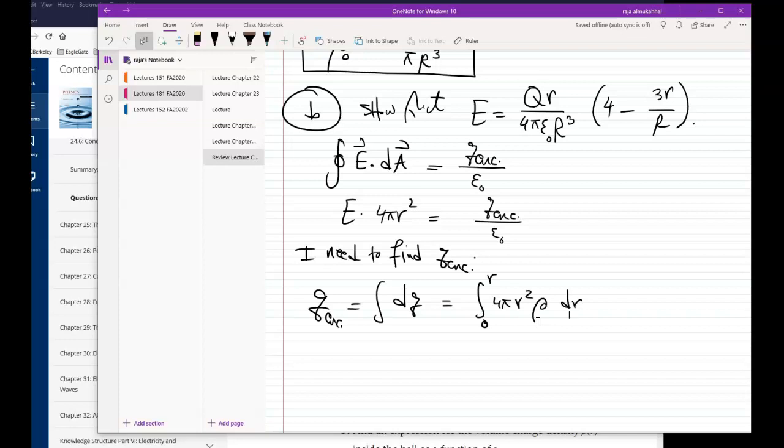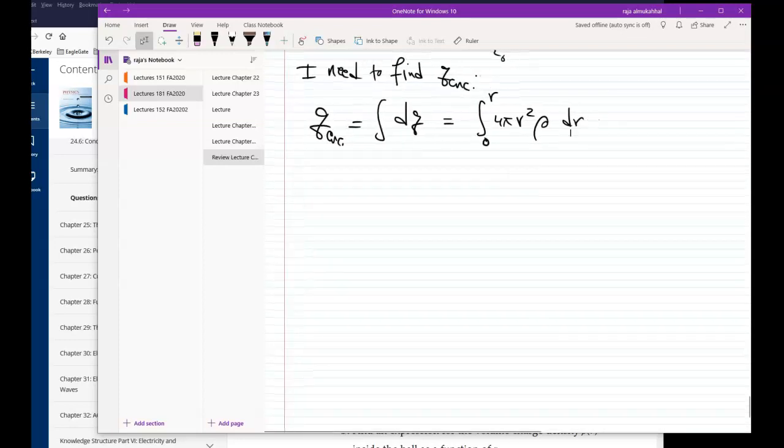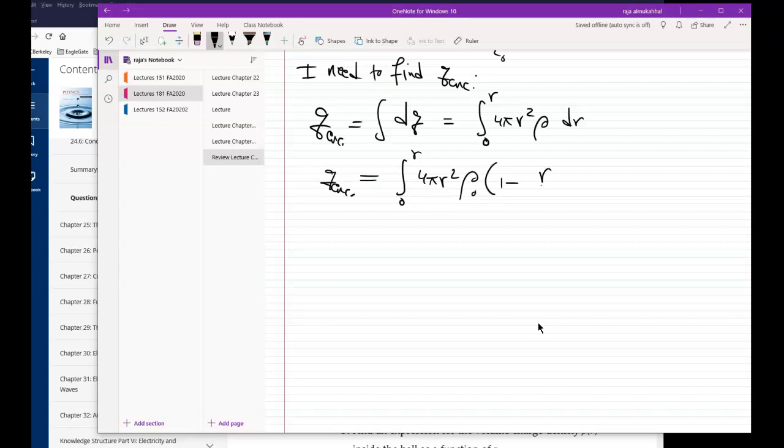So I'm going to plug it in there. The charge enclosed is equal to the integral from 0 to small r of 4 pi r squared rho naught 1 minus r over big R dr. See that? And that's it.